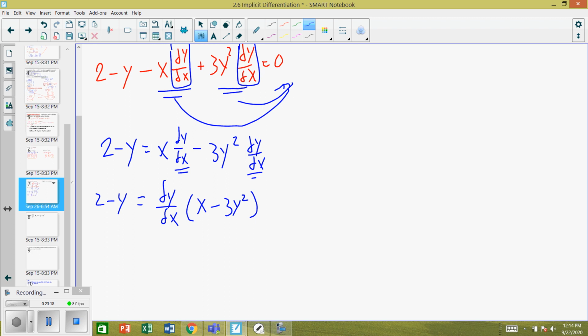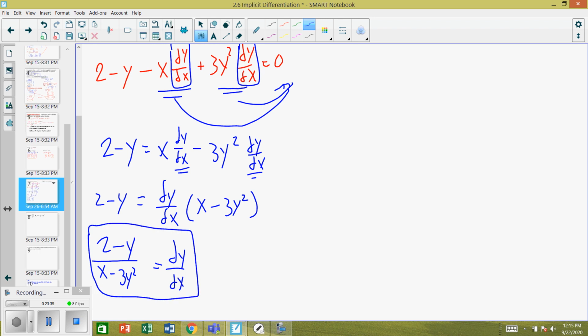I think you can see the point of doing that: we now have dy over dx going from being 2 down to 1, and I can solve for dy over dx. I can divide both sides by x minus 3y squared.